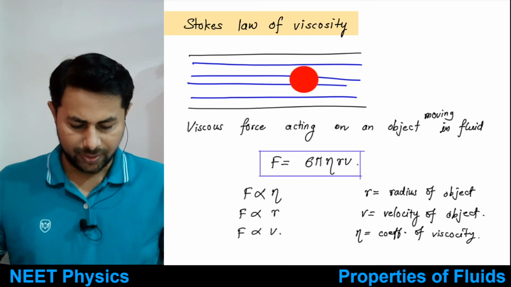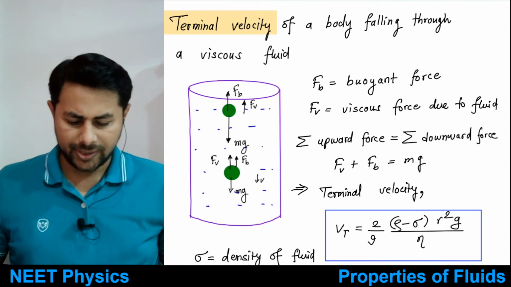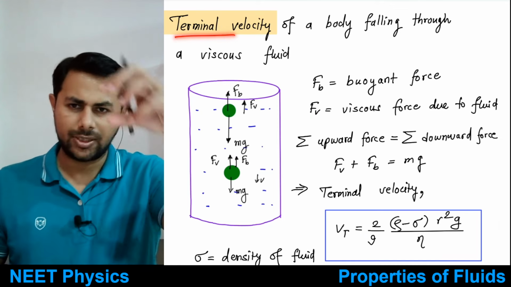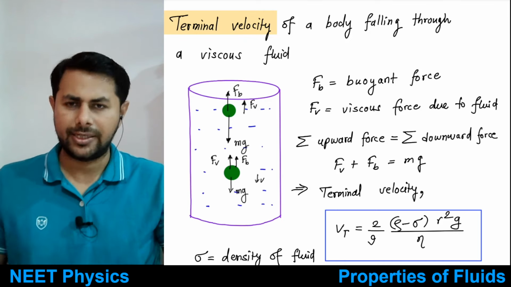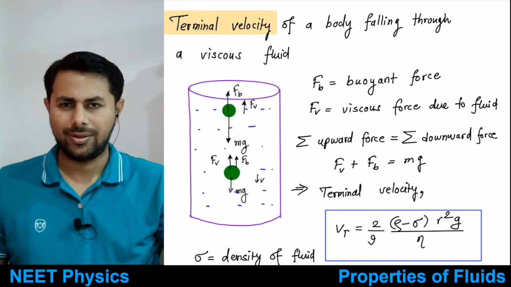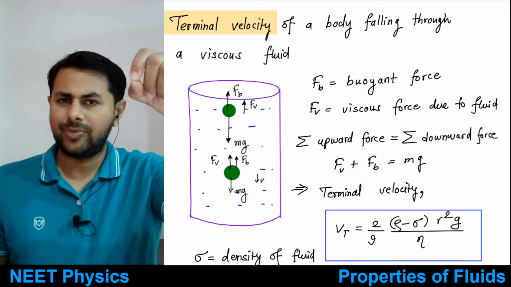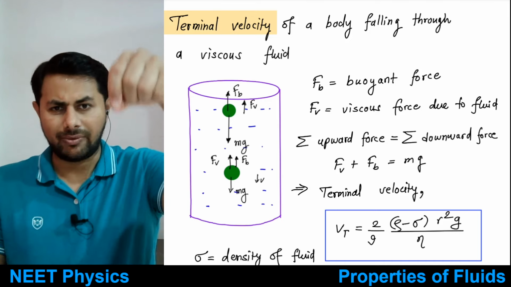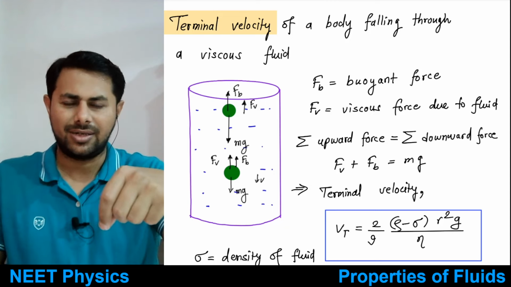Right, good. So now, next, suppose an object is moving through a fluid. For example, let's take a raindrop which is falling through air. Initially its speed would be 0, and because of gravity its speed will go on increasing, right?